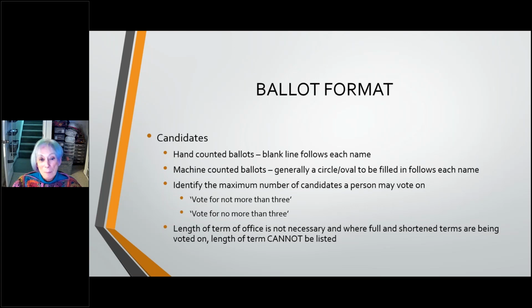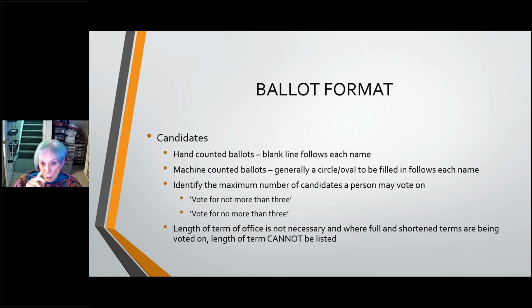If you are counting ballots by machine, and you've got somebody who's helped you get the ballot format set up to be counted by machine, generally what they do is provide either a circle or an oval that needs to be completely filled in following each name.